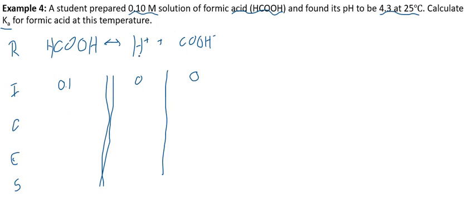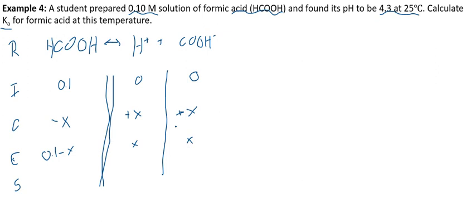Again, we can only shift right. So this is going to change by a factor of minus x, while these change by a factor of plus x. And my equilibrium is the sum of these columns.